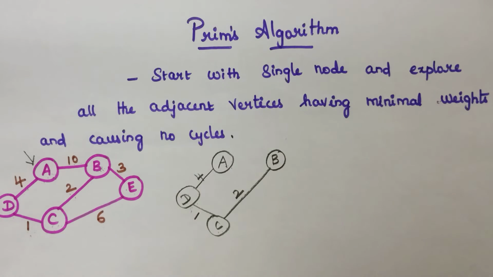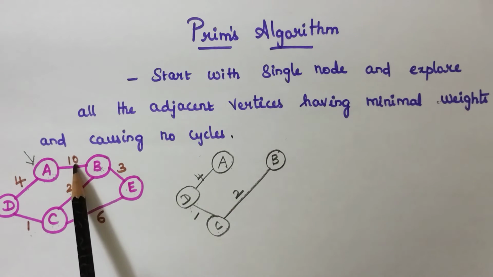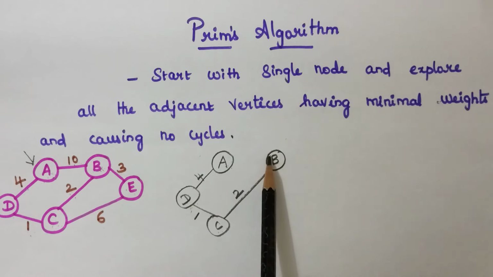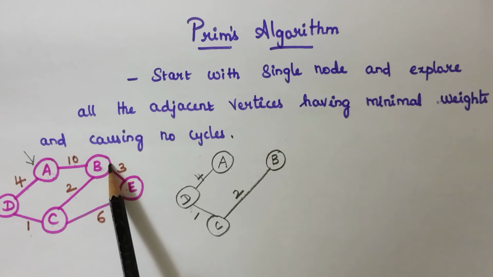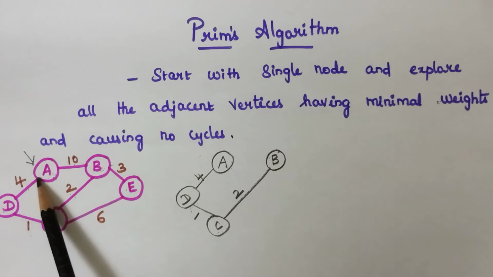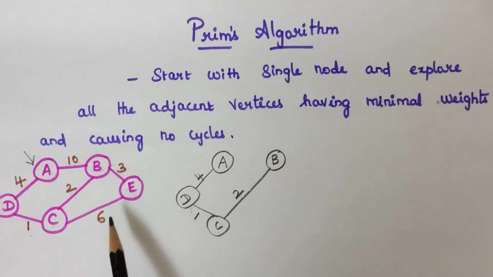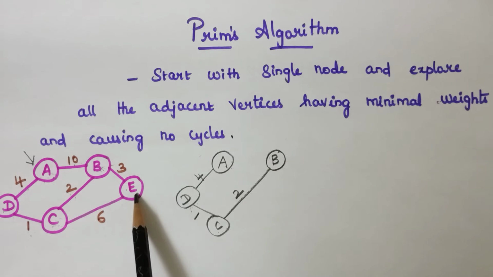Now for the next step, again you need to find the adjacents of A, D, C and B. A to B is 10, but B is already visited. If we connect A and B, it will form a cycle here, so you cannot consider this adjacent, and D doesn't have any adjacents to be visited. Coming to C, C has one adjacent, that is E, with weight 6. Then B has the same E as an adjacent with weight 3.